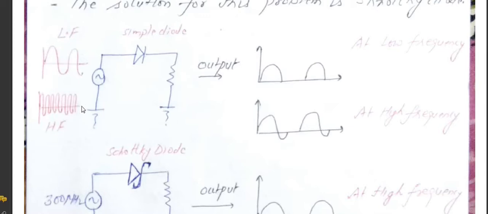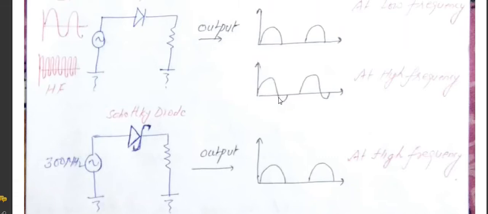Now because we are applying high frequency, switching is very fast, so because of depletion layer, because of charge storage, there is some output in reverse bias mode also. This is why these type of diodes are not suitable under high frequency condition or under very high frequency signal conditions.